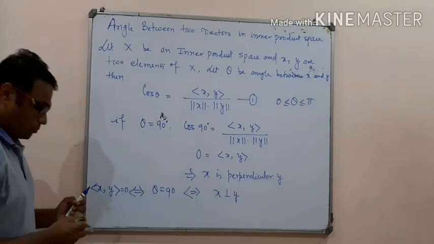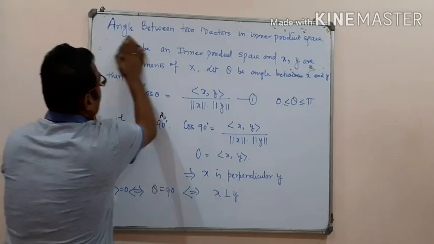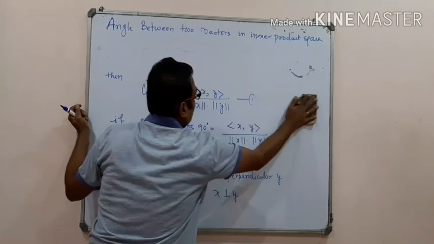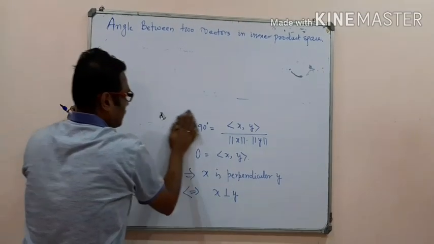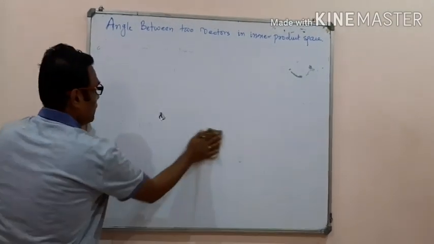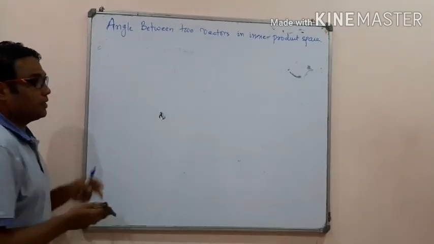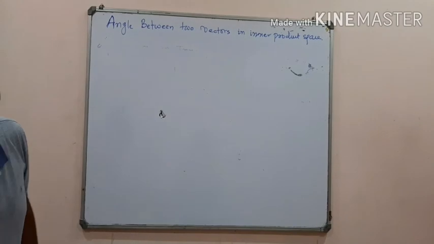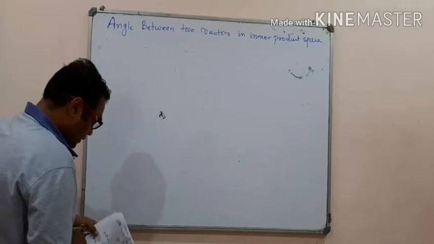Now we discuss simple examples to compute the angle in an inner product space. Our first example is related to R to the power 2, that is, two-dimensional vector points.